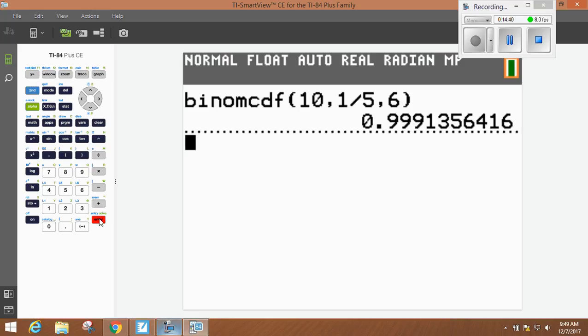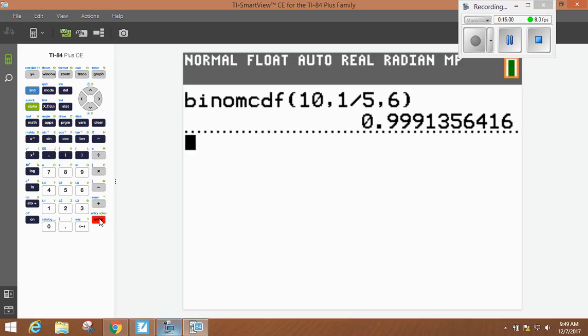So that is 0.999. But remember, this is spitting out the probability of getting 6 or more wrong.